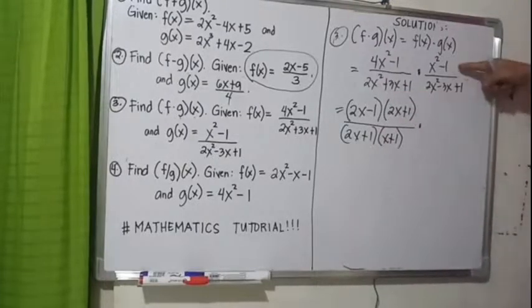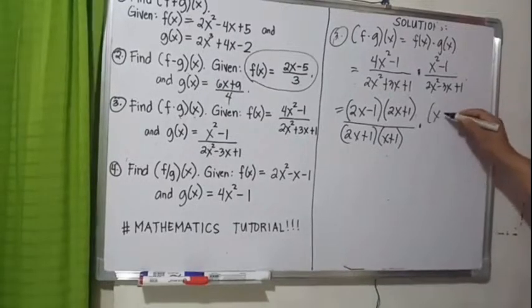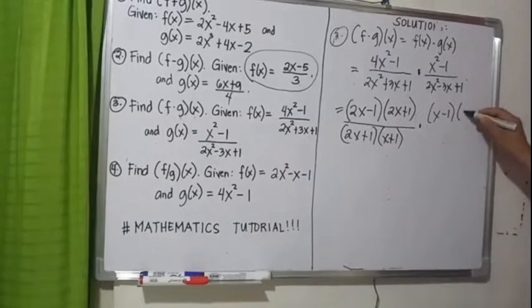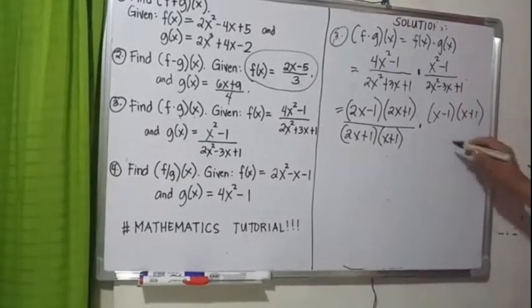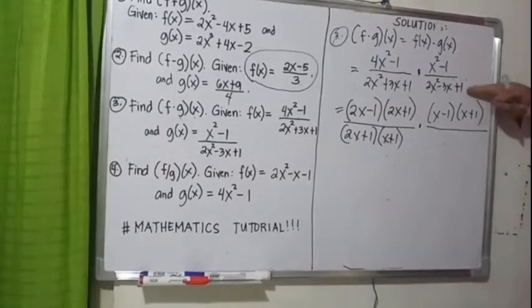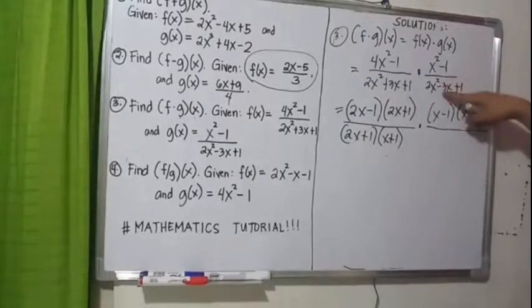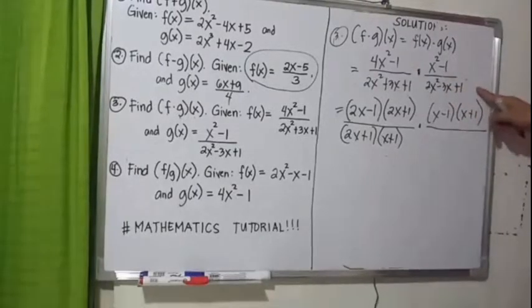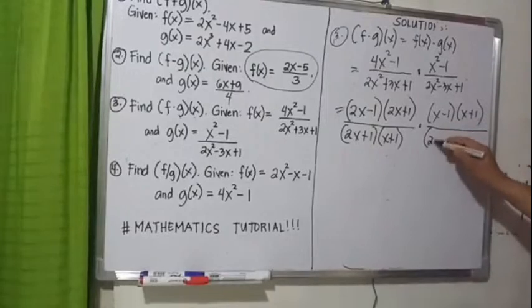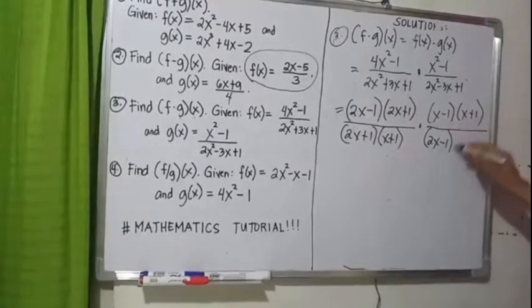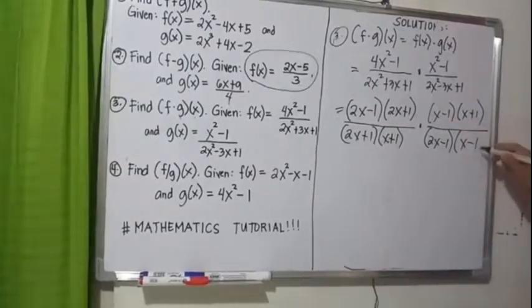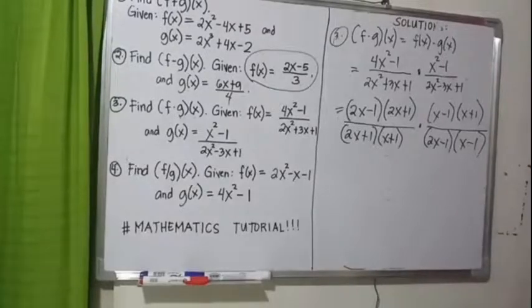Times ang factor ng x squared minus 1, that is x minus 1 and x plus 1. How about the factor of 2x squared minus 3x minus 1? Okay, so that is 2x minus 1 and x minus 1. So yan ang factor ng numerator and denominator.